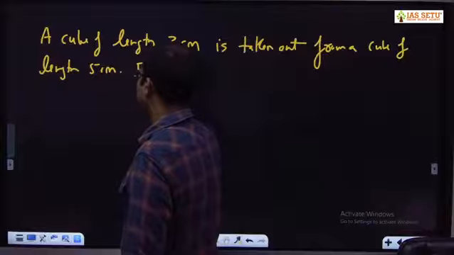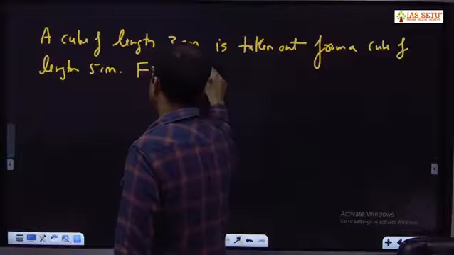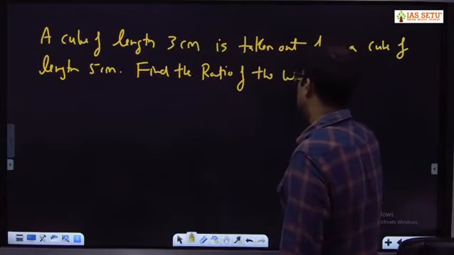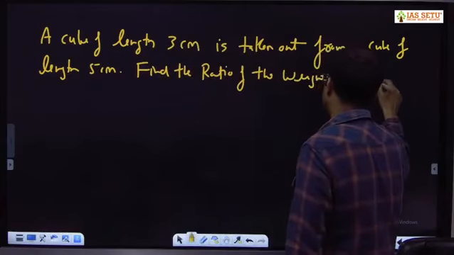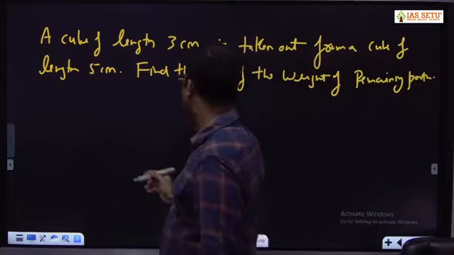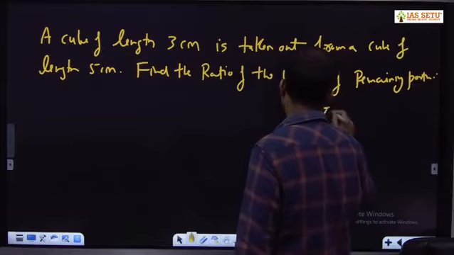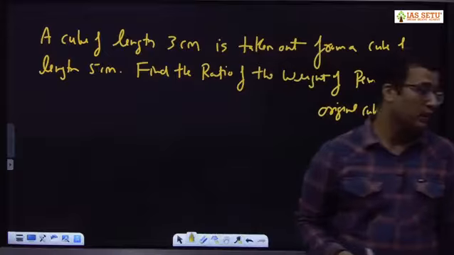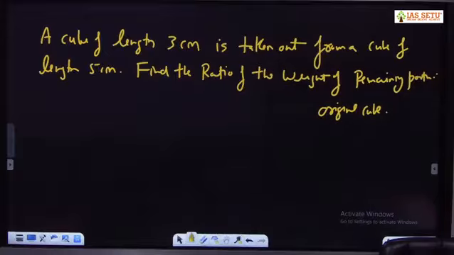Find the ratio of the weight of remaining portion is to original cube. Try this. A cube of length 3 centimeter is taken out from a cube of length 5 centimeter. Find the ratio of the weight of remaining portion is to original cube.